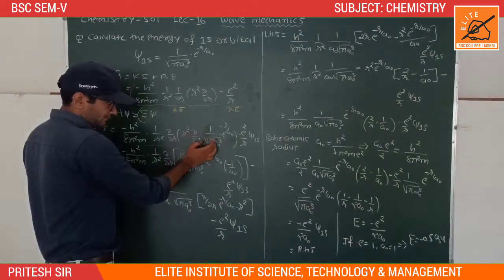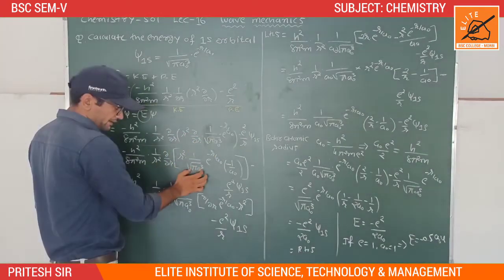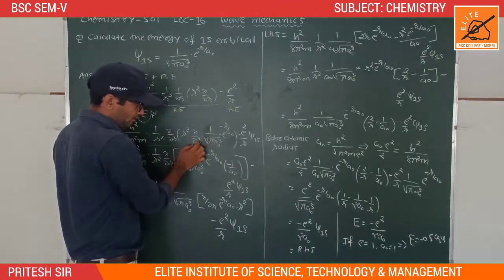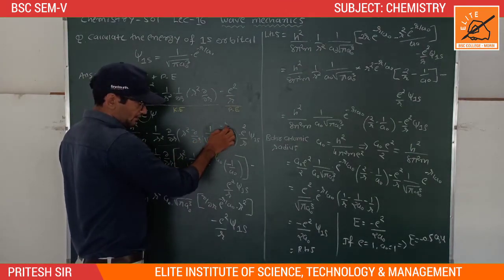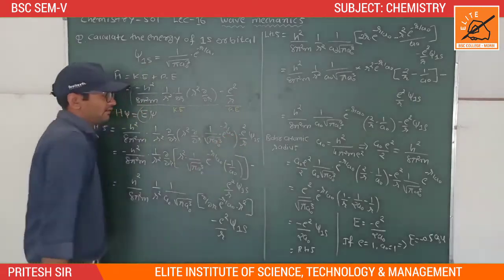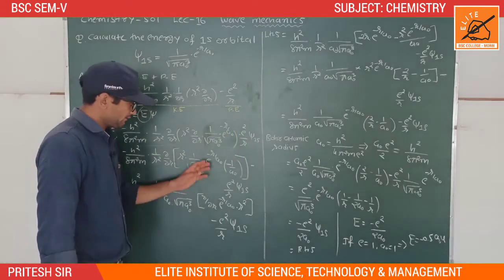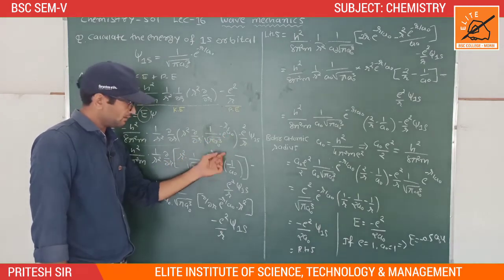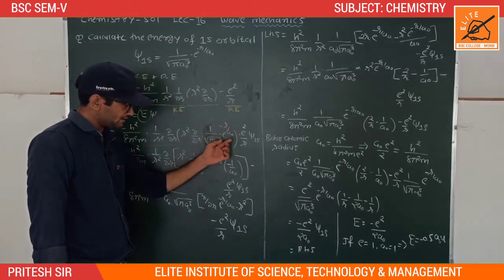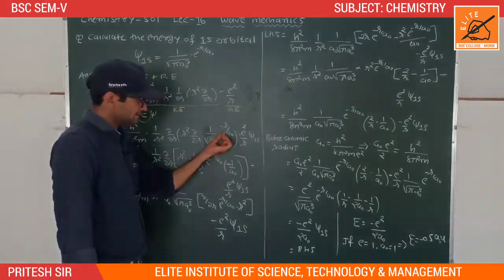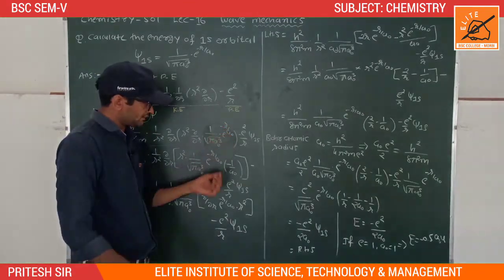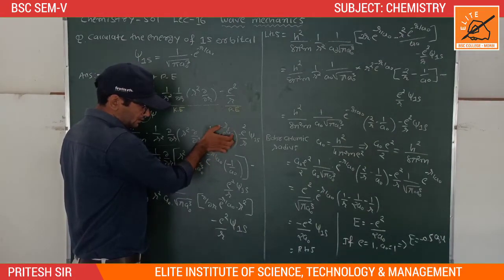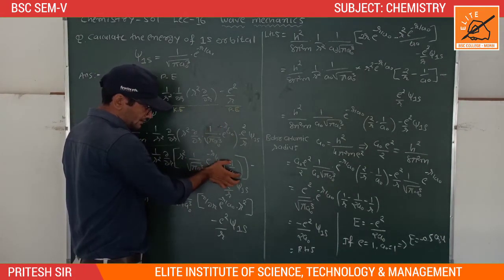Okay, so r square into 1 upon under root pi a0 cube. Now d by dr of e to the power minus r upon a0, differentiation of e to the power remains as it is, e to the power minus r upon a0, but in this case it means differentiation of the power also. At that time r is the variable, so the remaining term is minus 1 upon a0, so it will go in multiplication with this term.